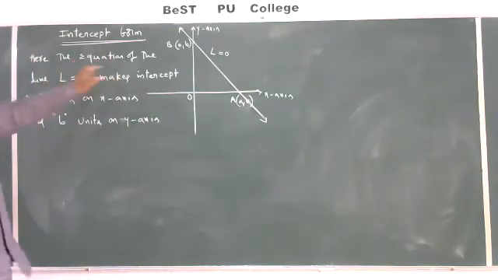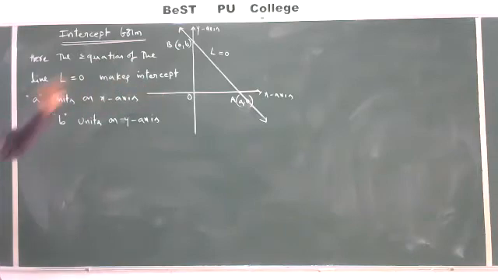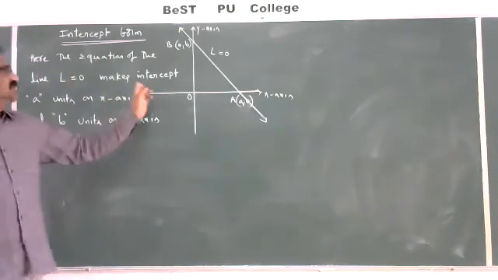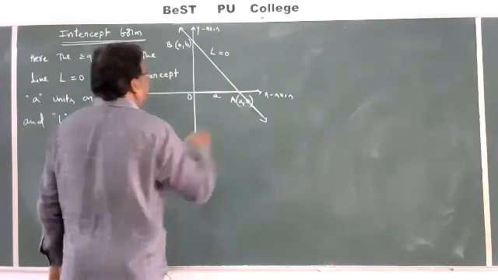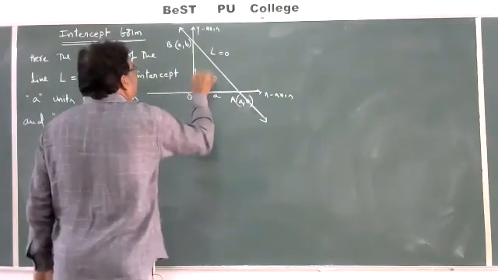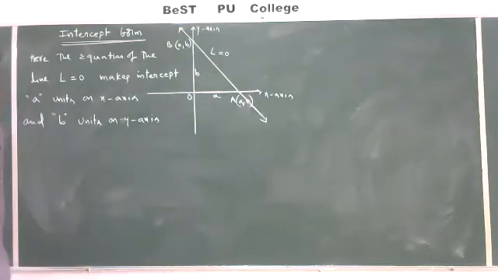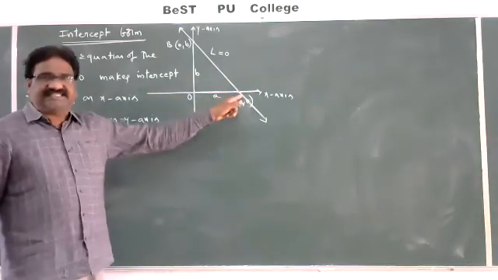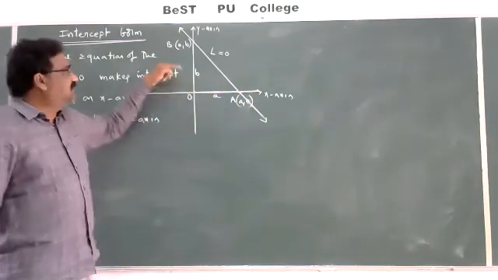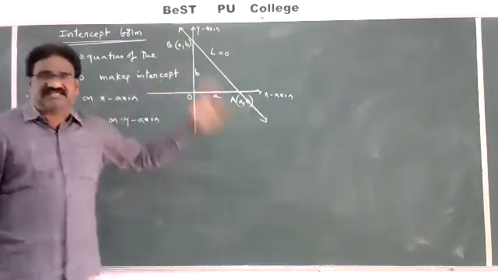Here the equation of the line L is equal to 0 makes intercept small a units, that is this length is small a units and this length is small b units. This line makes an intercept of a units on x-axis and makes an intercept of b units on y-axis.